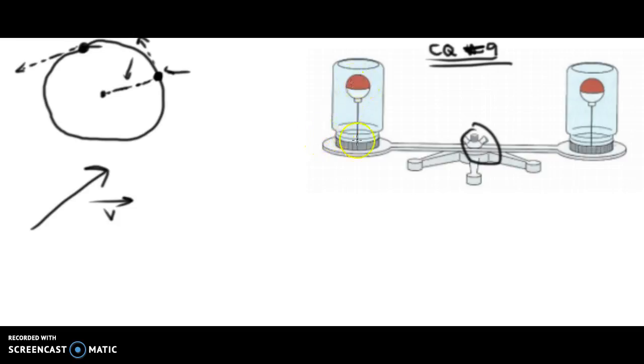So to answer this question, let's first draw a force diagram for the floats. Now, when we're drawing force diagrams for centripetal motion problems or circular motion problems, it's generally best to define the axes as the y-axis and the r-axis, which is like a radial axis.